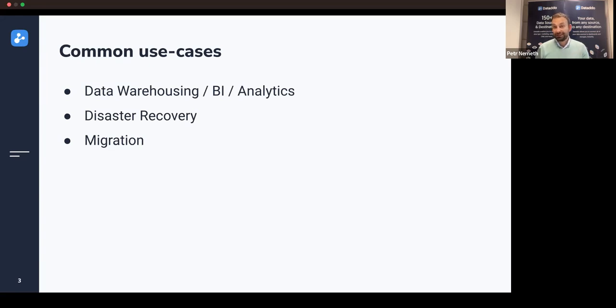And of course, this is an extremely important source for your business intelligence and analytics initiatives. But on the other side, this data sits in the production database.